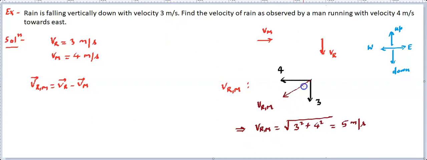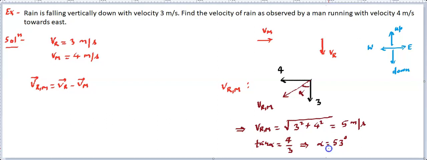And what is this angle? Let's say this angle is alpha. We can claim tan alpha is going to be equal to 4 by 3. So from here we can find alpha. Alpha is going to be 53 degrees, or we can simply say tan inverse 4 by 3 if we are not able to find the exact angle. So how do we say what this angle is?